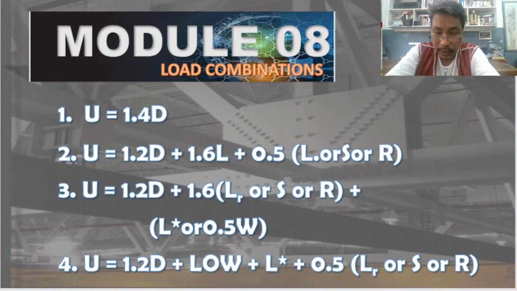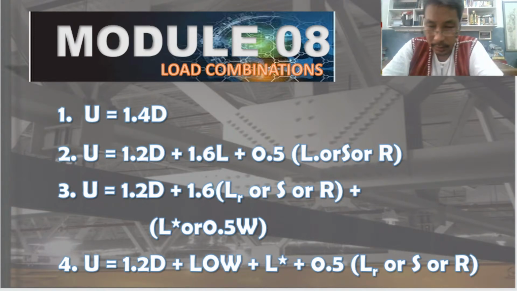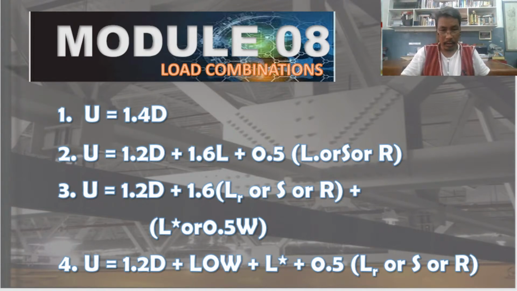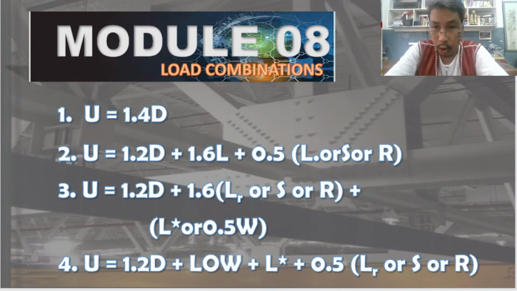Now we are going to discuss the load combinations that are allowed by the code. We will see how many load combinations there are, and you must be able to memorize these.